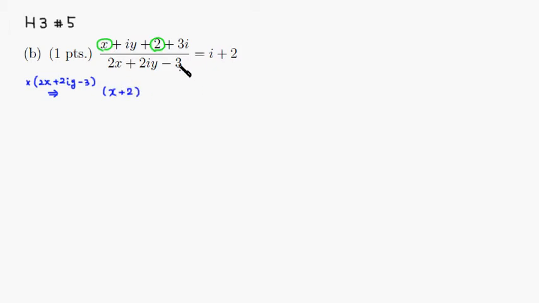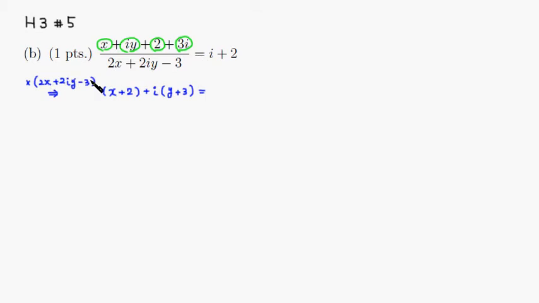And the imaginary terms are iy and 3i, so I'm going to just put i in front. You have y and 3, so it's i times y plus 3. Then let's multiply: it's i times all these terms.